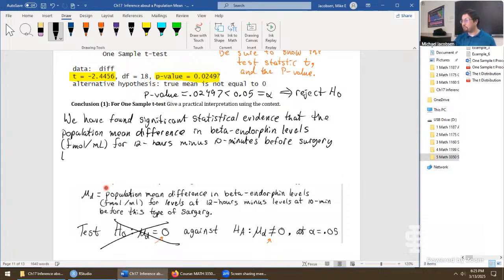Almost there, that's a long readout, is not equal to 0.